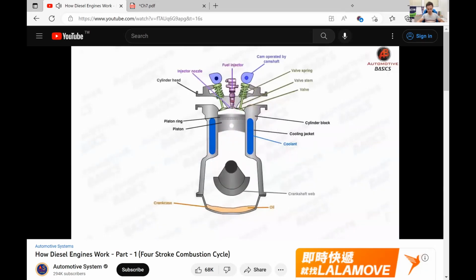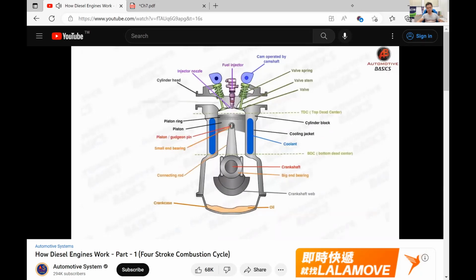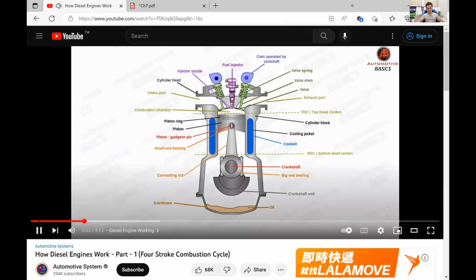All right, this is a diesel engine. So the structure is basically the same or very similar to an SI engine.